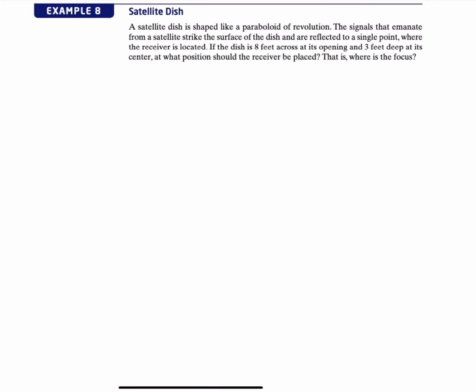It says a satellite dish is shaped like a paraboloid of revolution. We can view it as just like a flat parabola, like a slice. So maybe something like this, looking at the side of a satellite dish.